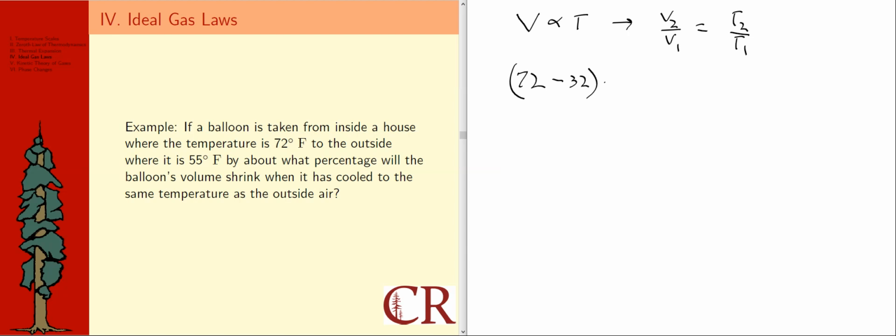32 and then multiply that by 5/9, and with a little calculator help, I get 22.222 repeating. For the 55 degrees Fahrenheit, I'll do the same thing.